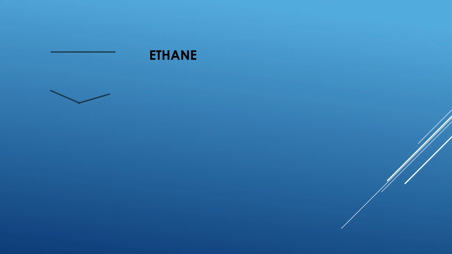Understand this as CH3, CH2, CH3. The ending is understood as CH3. This will not be written here, but we are going to understand it. CH3, CH2, CH3 is nothing but propane. This is propane. Hydrogens are assumed.